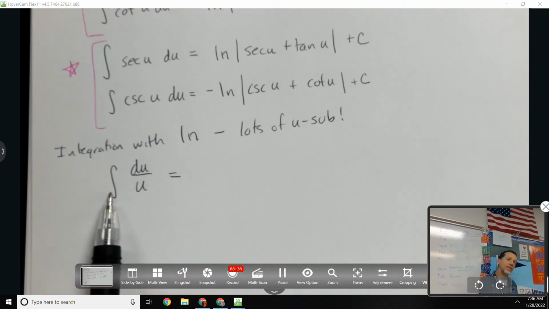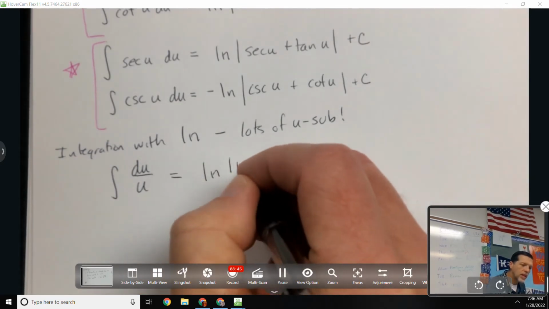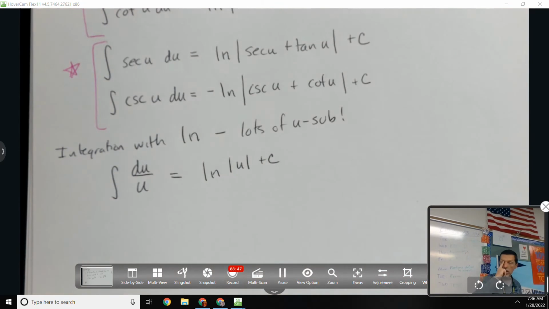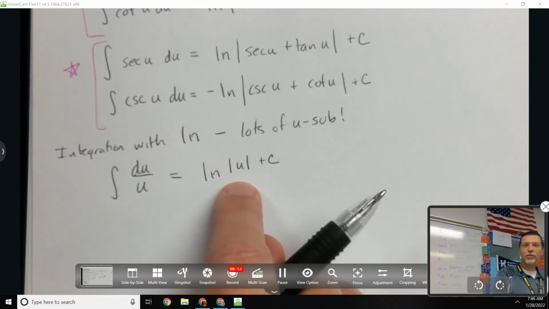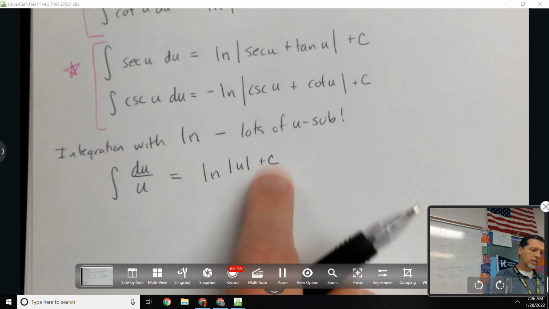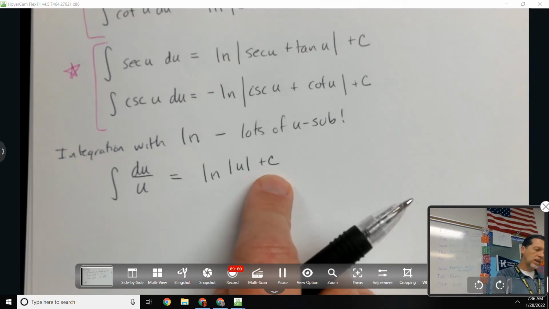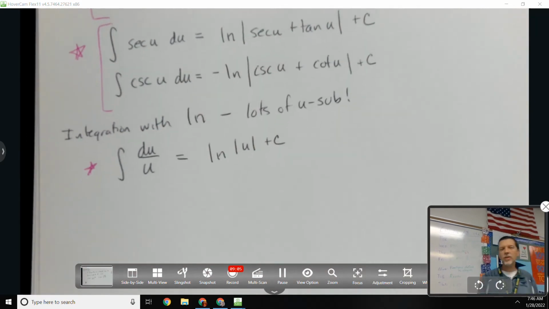So the antiderivative of 1 over u du is back to natural log. The difference is there's an absolute value on u because you can't log a negative number, and as always the plus c. I'll star that one, although I'm not sure that one's new because we know the derivative, so we should be able to go backwards.